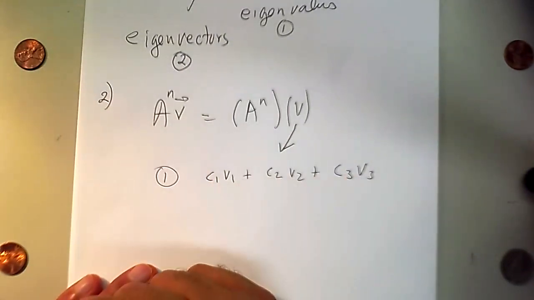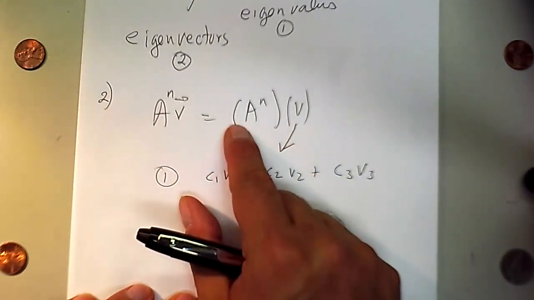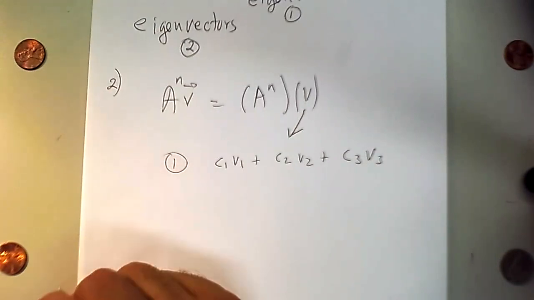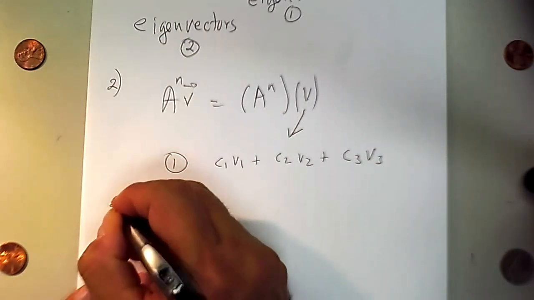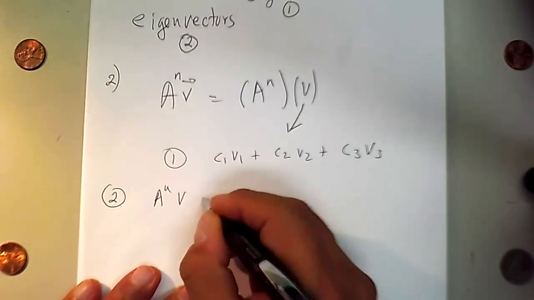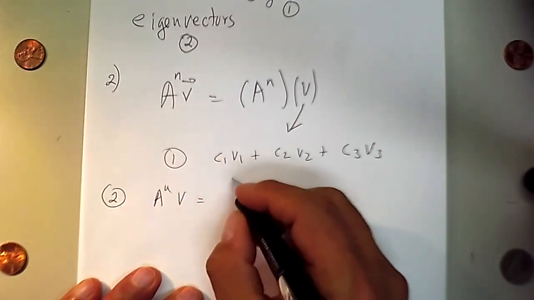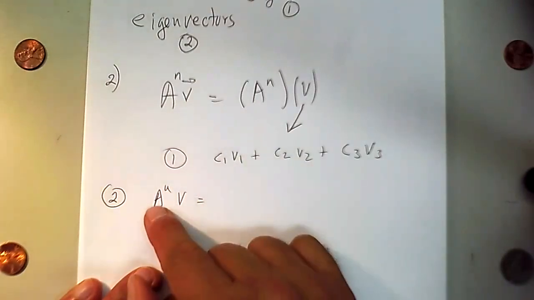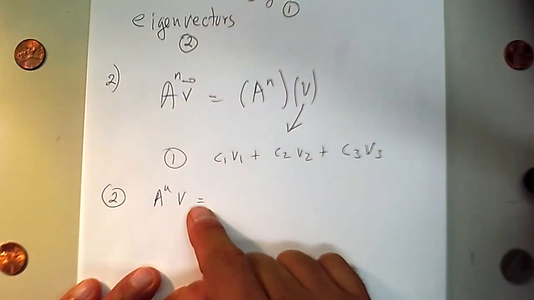Then the second step is when we multiply, we're going to distribute as we did in example 2 and in example 4.